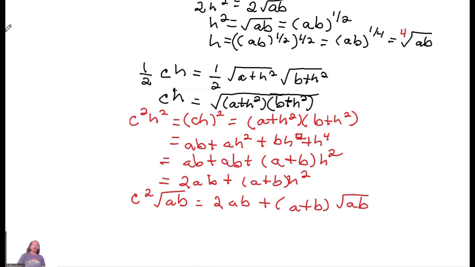Let's get the terms that have the square root of ab together on one side. Factor that out.